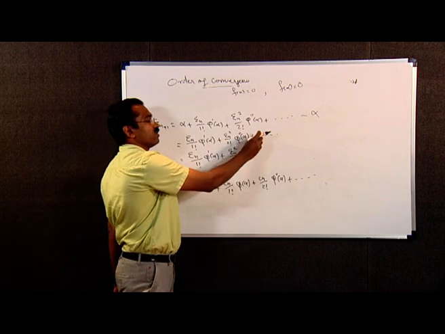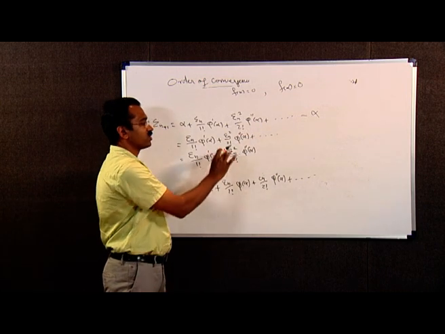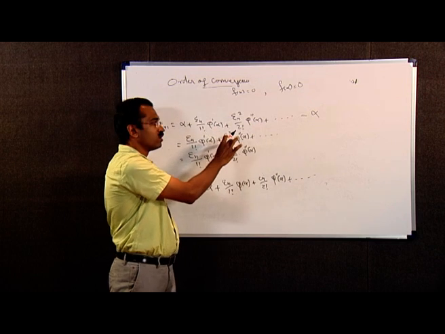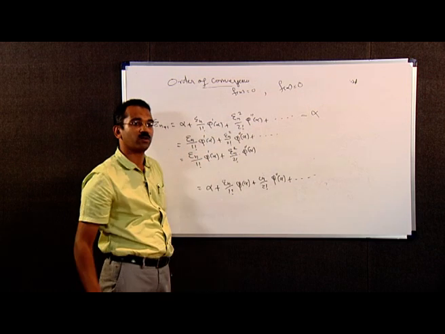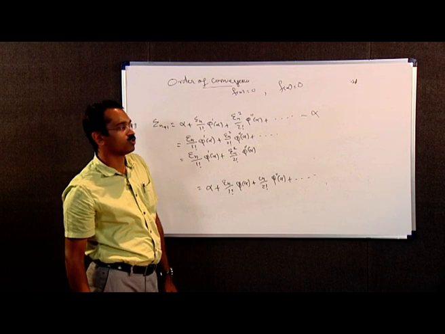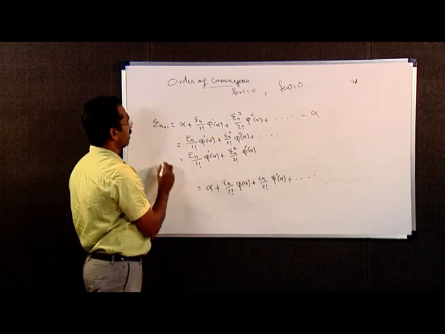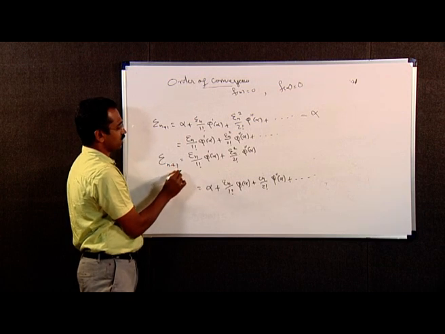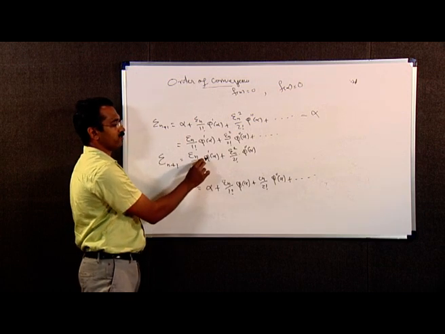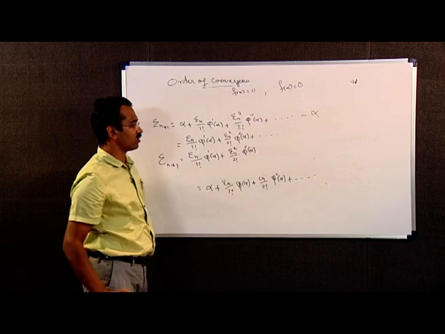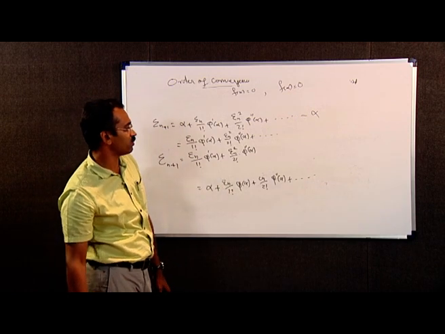We neglect the remaining terms because epsilon n is very small, that is why the higher powers of epsilon n are tending to 0. Therefore, we can neglect the remaining terms. We will get epsilon n plus 1 is equal to epsilon n by 1 factorial into phi dash of alpha plus epsilon n square by 2 factorial into phi double dash of alpha.